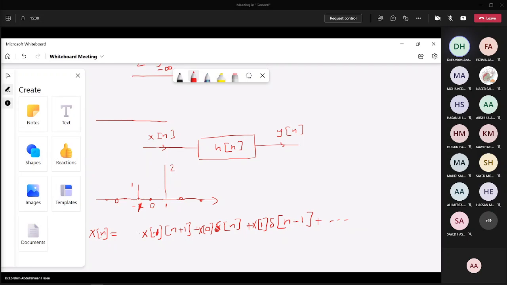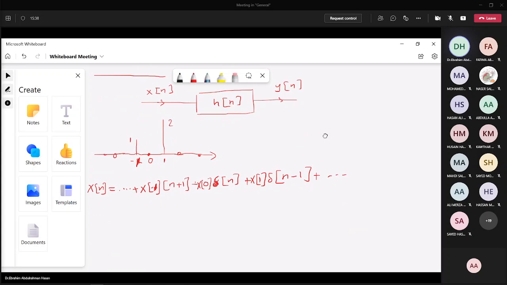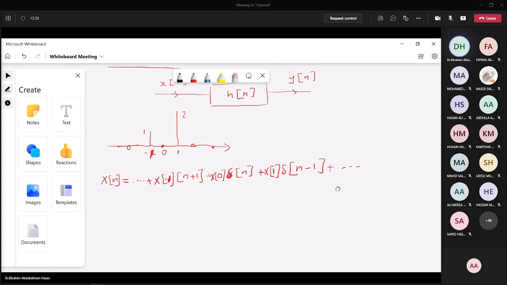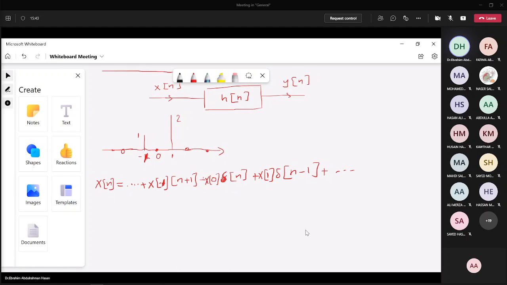So it can also be 0 multiplied by, and here we have 0 multiplied, so then from minus infinity to infinity. So let me generalize this one and put it in summation form.